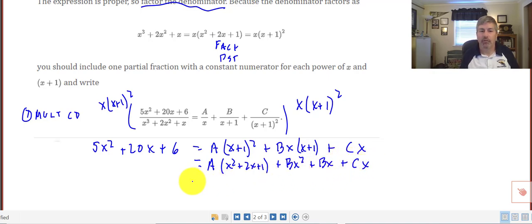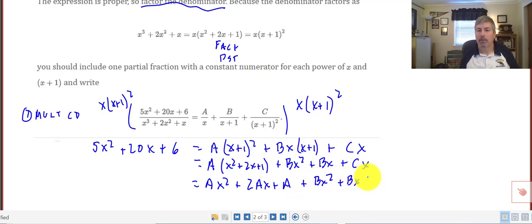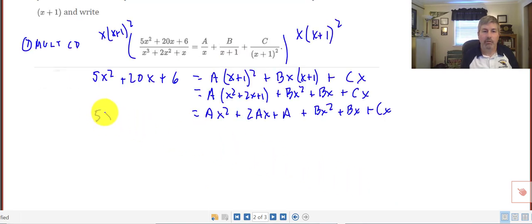Now I still have to distribute the a, so I get ax squared plus 2ax plus a plus bx squared plus bx plus cx. So I'll just copy that down, and all that is still equal to 5x squared plus 20x plus 6.